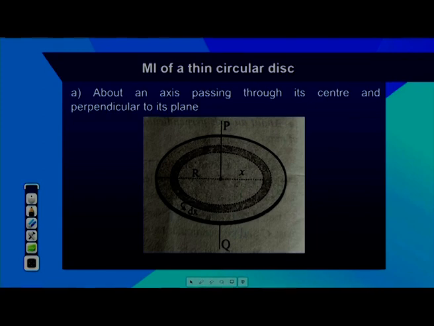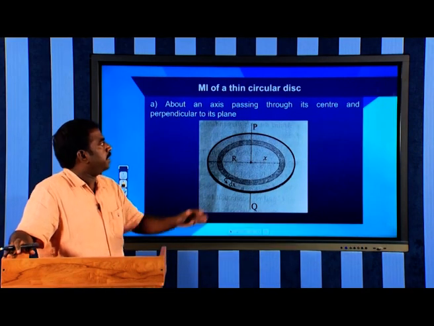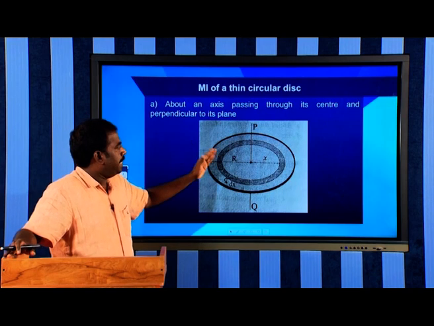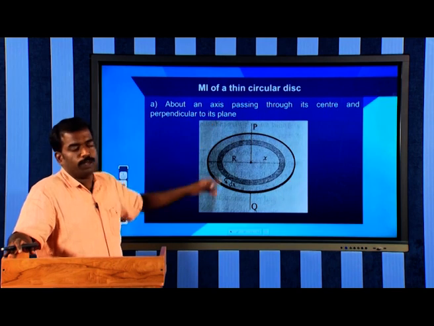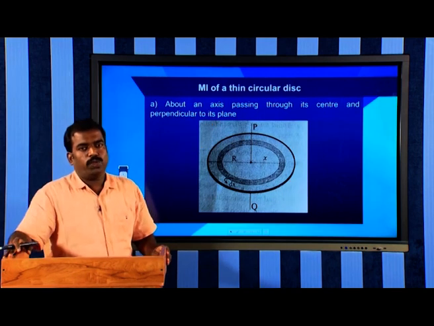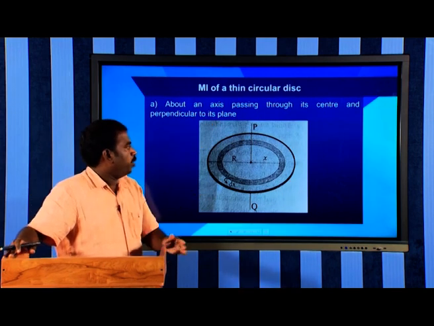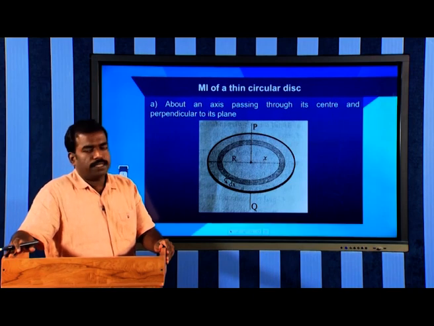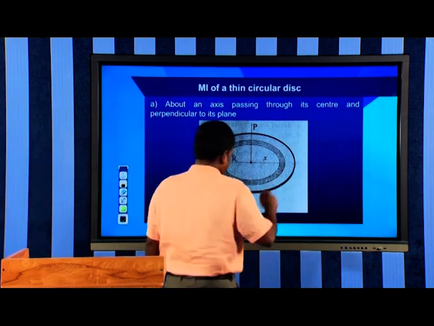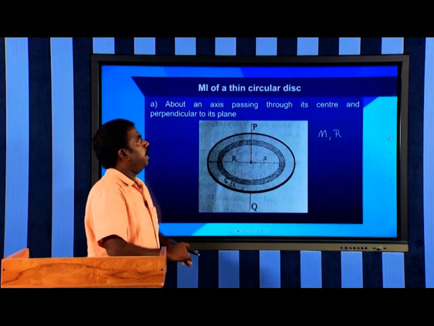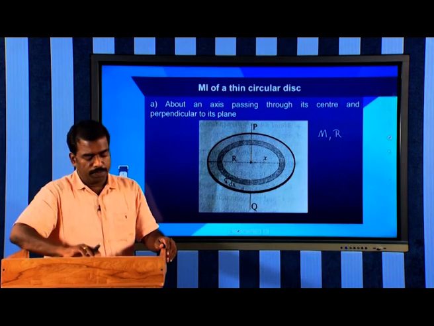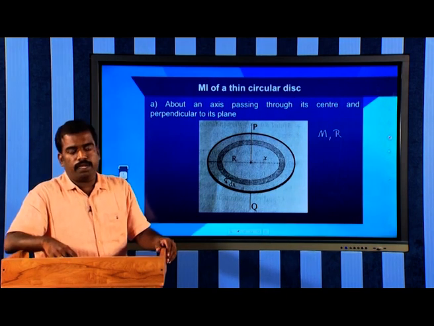So, this is a disc and we are considering the moment of inertia of this thin circular disc about an axis passing through its center and perpendicular to its plane. So, here we consider a circular disc of mass capital M and radius capital R.